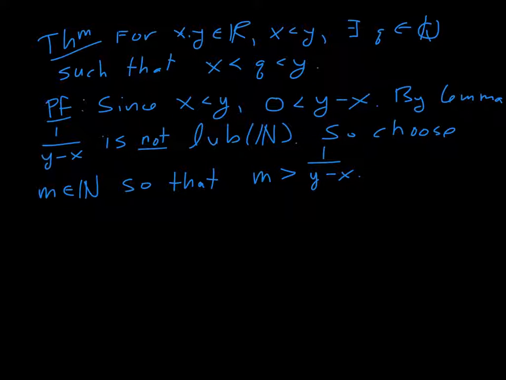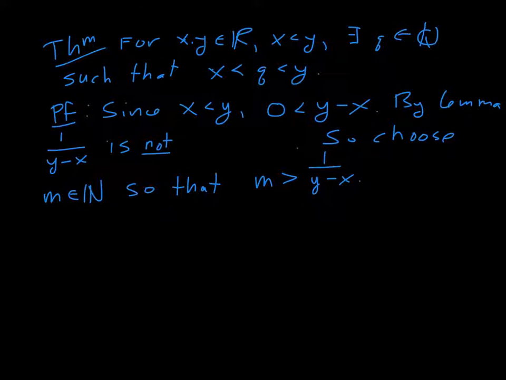Actually, I want to phrase this a little bit differently. It's not necessarily that it isn't a least upper bound, but to be more general, we can say it's not an upper bound. This expression, 1 over y minus x, is not an upper bound for the natural numbers.